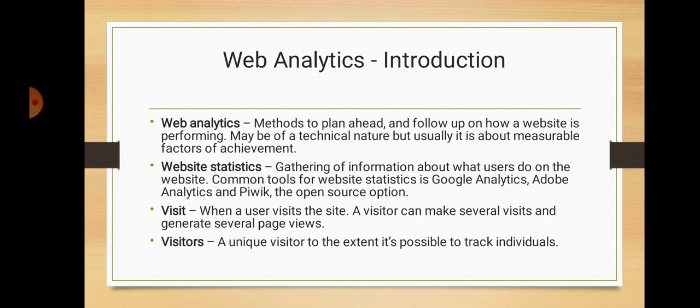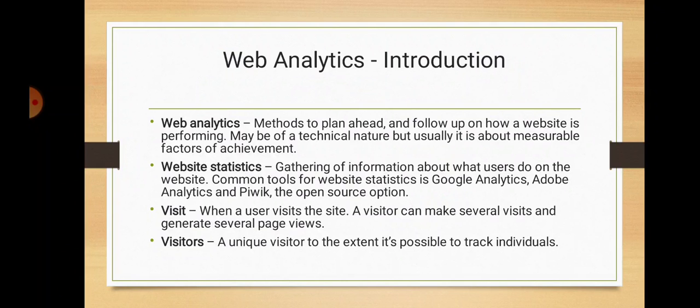Then second term is website statistics, gathering of information about what users do on the websites. That means actual work on the website. Common tools for website statistics are Google Analytics, Adobe Analytics and Piwik, and the open source options.